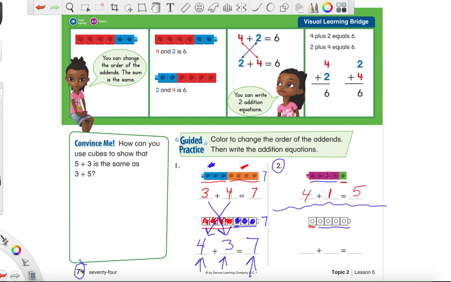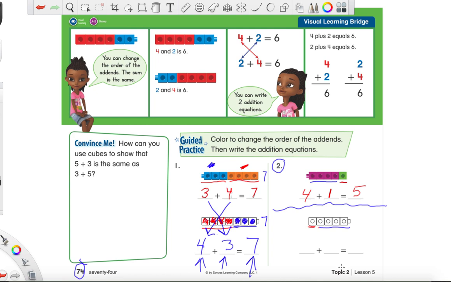If you don't have purple and green, don't worry about it. Just use red and blue, like I am. Okay? So first you're going to color in these cubes the correct way. We got to flip-flop them around. And then create the other addition sentence we could write to solve these addition sentences for these cubes.